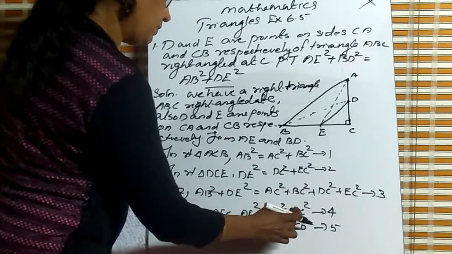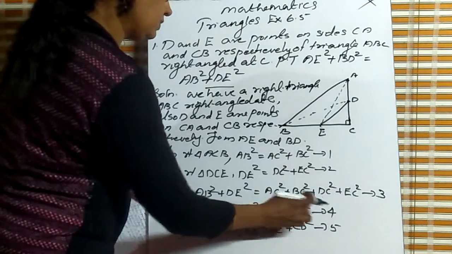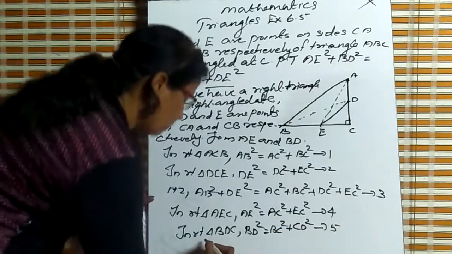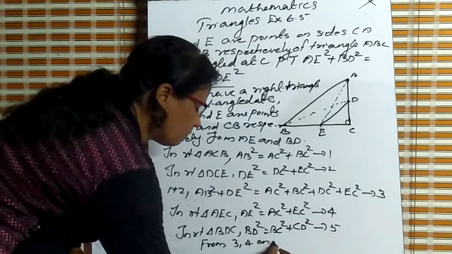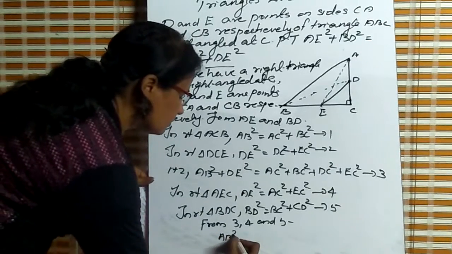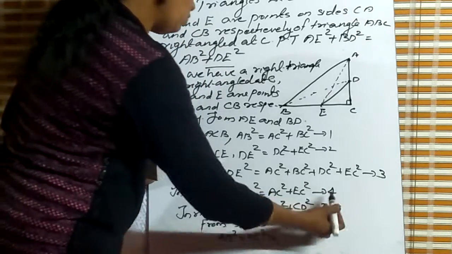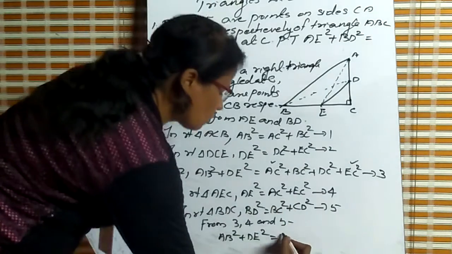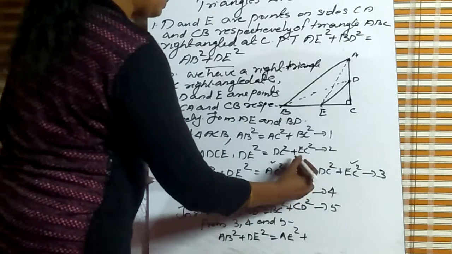From here, AC square plus EC square is AE square. And BC square plus DC square is BD square. So from 3, 4 and 5, AB square plus DE square is equal to, from 4, AC square plus EC square is AE square, plus 5, BC square plus CD square.